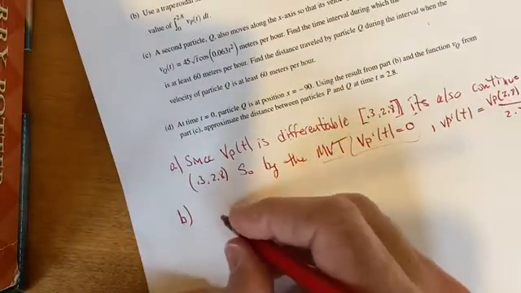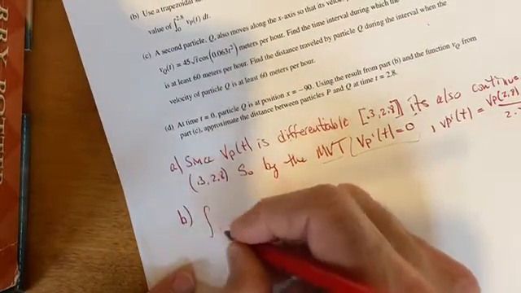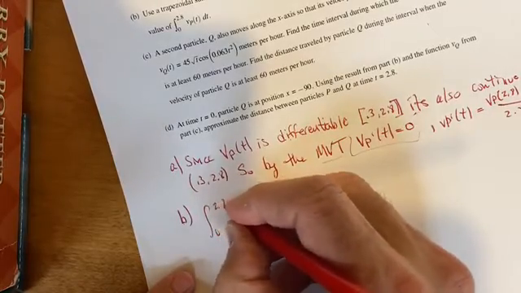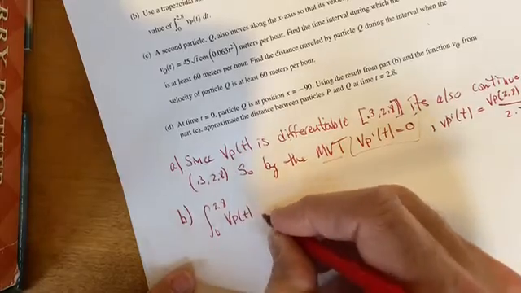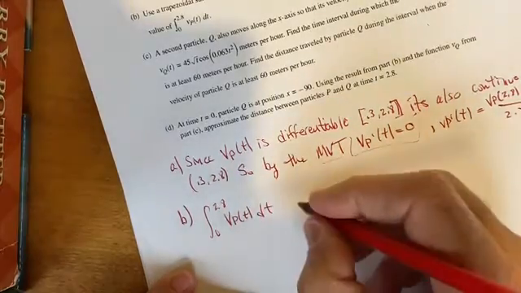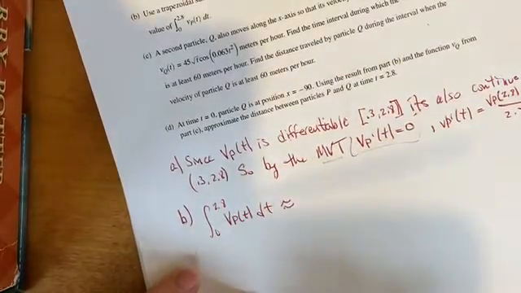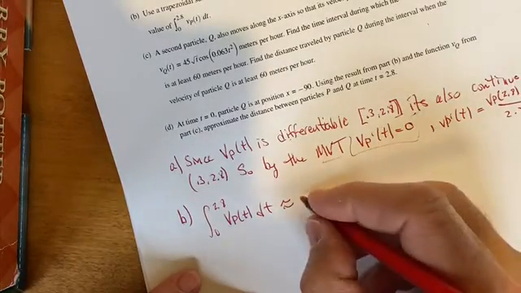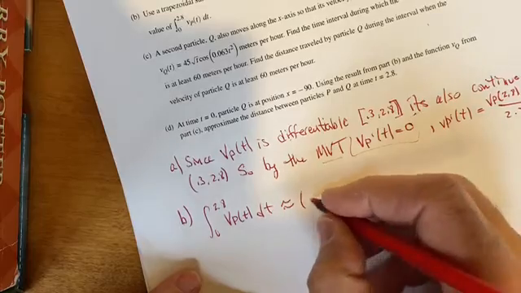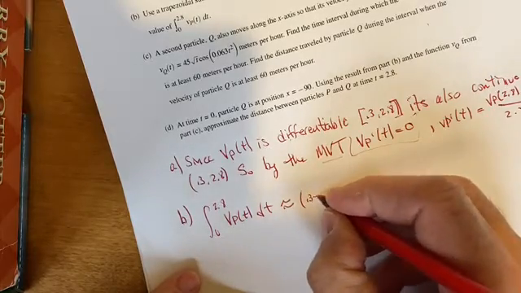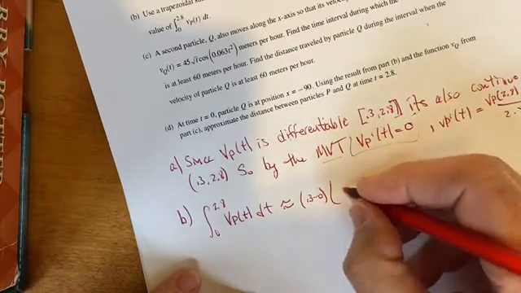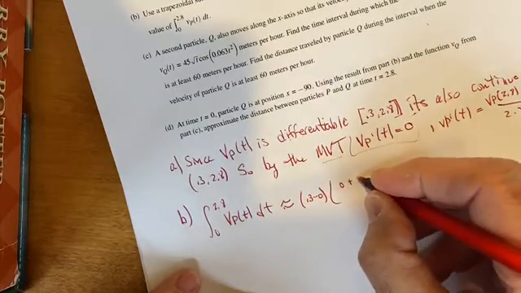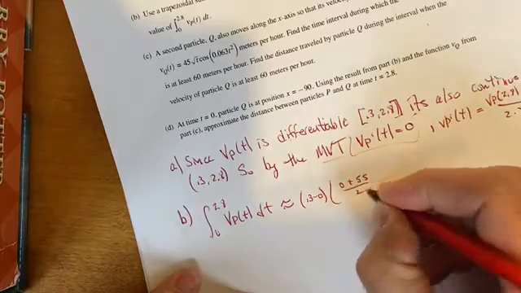So we're going to estimate the integral of V sub P of t dt. It's the average of the bases times the height. In the first interval, 0.3 minus 0 is the height, and the average of the bases is (0 plus 55) divided by 2.